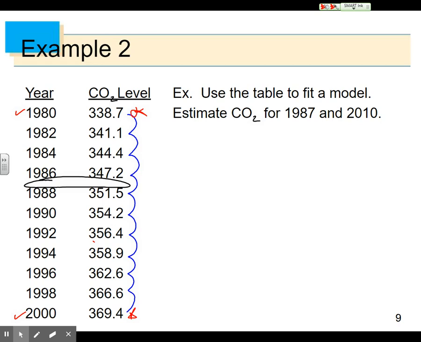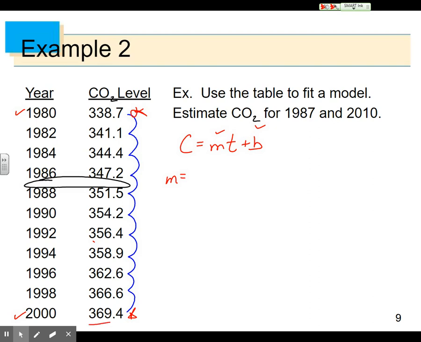So again, I'm looking for my CO2 level to be explained by my time, or my year. I'm going to use T for my time. So again, the goal for the problem is to get my hands on the M and get my hands on the B. First up, I'm going to want to find my M, my slope. Let's see if I can not mess this up this time. Remember, it's going to be y2 minus y1.